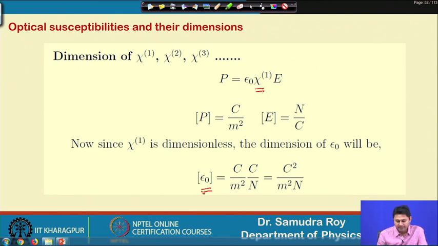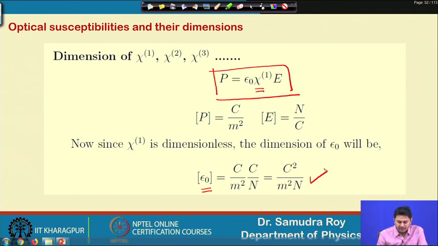So, epsilon 0 dimension can be easily figured out from the first equation given here. This is dimensionless, we know that. I know what is the dimension of E, I know what is the dimension of P. So, once we know the dimension of P and E, if I put that, then the dimension of epsilon 0 will be coulomb square divided by meter square per Newton, as simple as that.